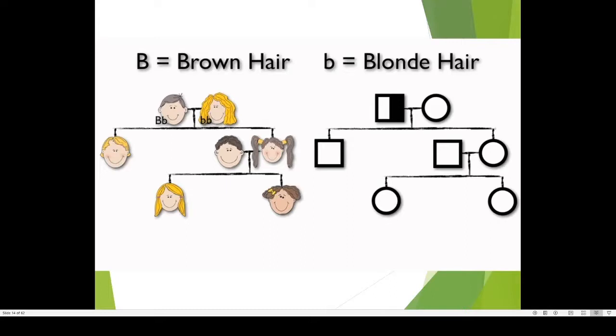However, when the daughter having the brown hair married someone else that also has brown hair, they were still able to have an offspring that has blonde hair. Why?